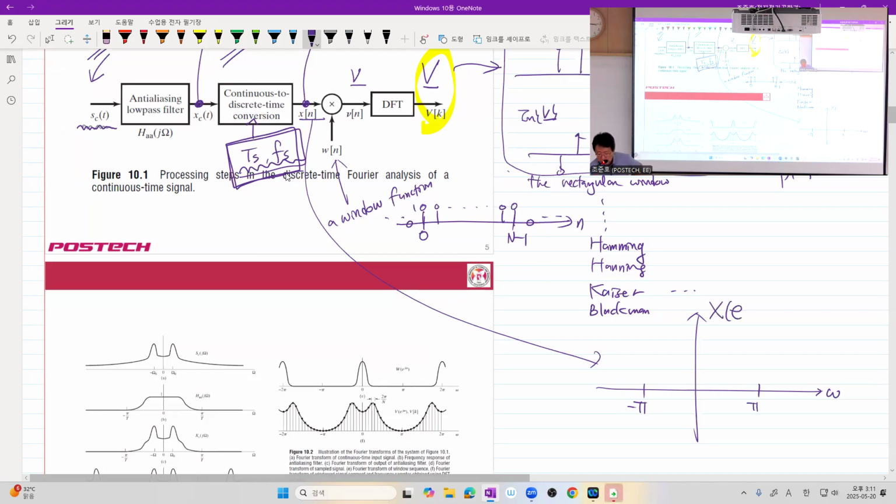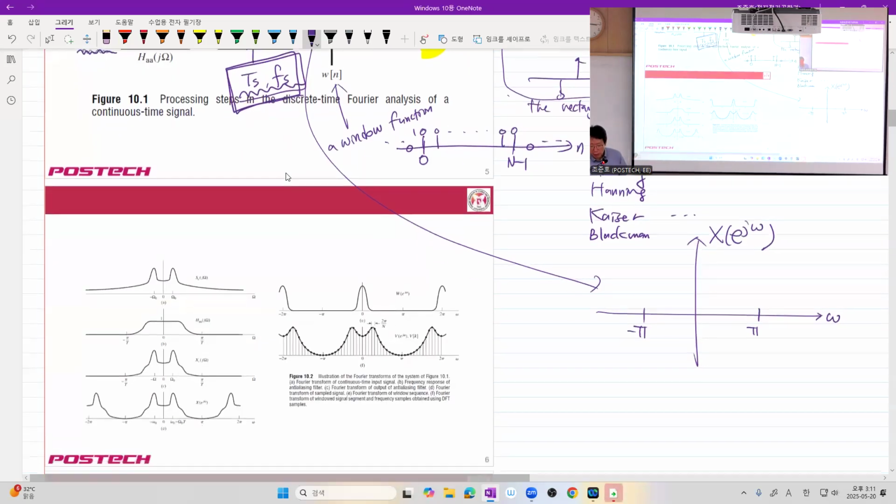So x of n has DTFT like this. Now, what is the relation between the CTFT of this one and DTFT of that one? As you remember from the sampling theorem, this is actually half the sampling rate in the continuous frequency. So this is the DT radian frequency, and this is the CT radian frequency. So they are equivalent in that way.